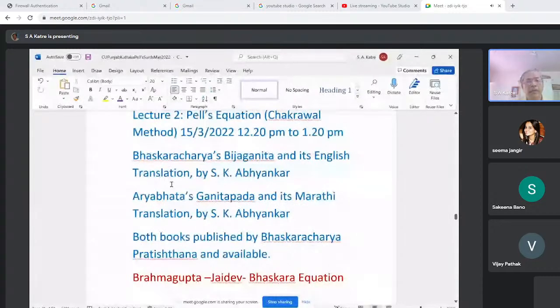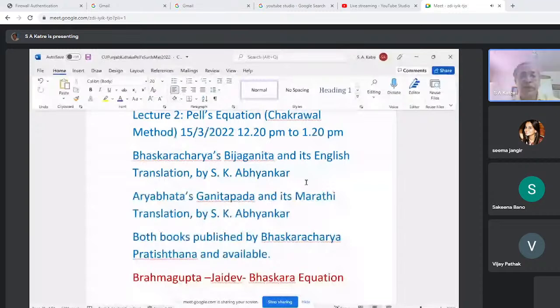Pada means one fourth, in the sense that Aryabhata's Aryabhatiya has four parts, and the second part is Ganita Pada. Ganita Pada has a Marathi translation. Unfortunately, Professor S.K. Abhyankar did not do the English translation, but the Marathi translation is there. Those who know Marathi can understand this.